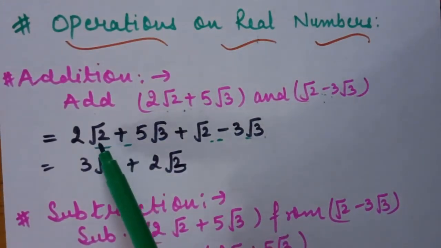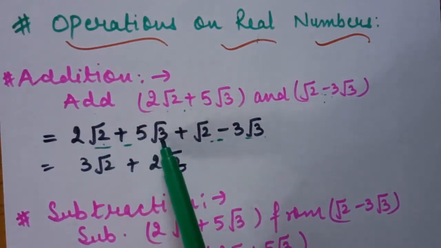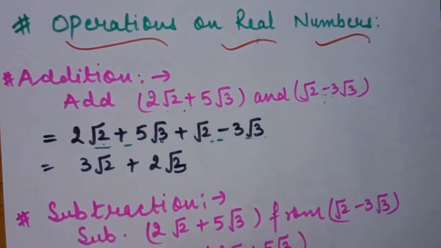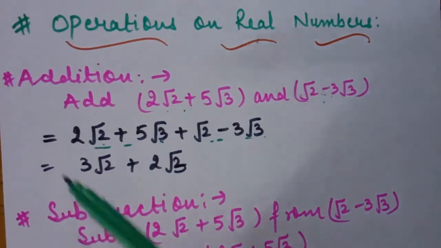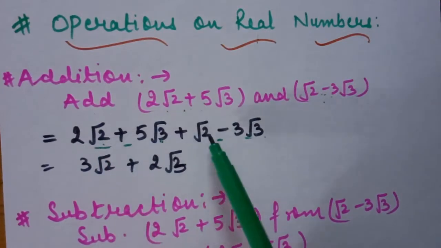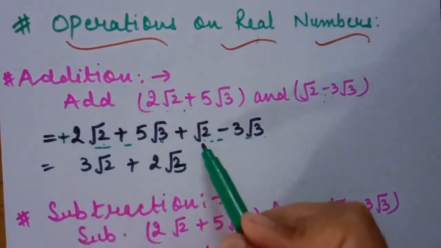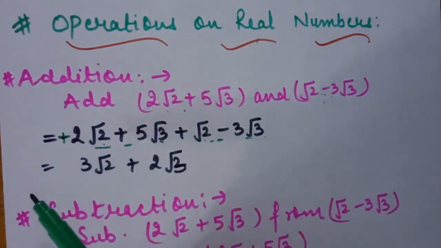In real numbers with irrational numbers, one rule is that root 2 cannot be added to root 3 because they are two different irrational numbers. So we will look for the same irrational numbers, root 2 and root 2. Here we have plus 2 root 2 plus root 2.